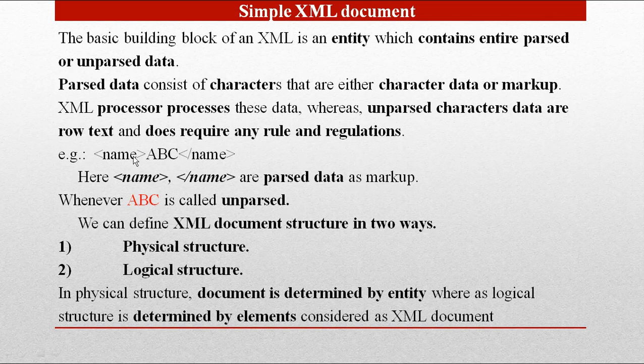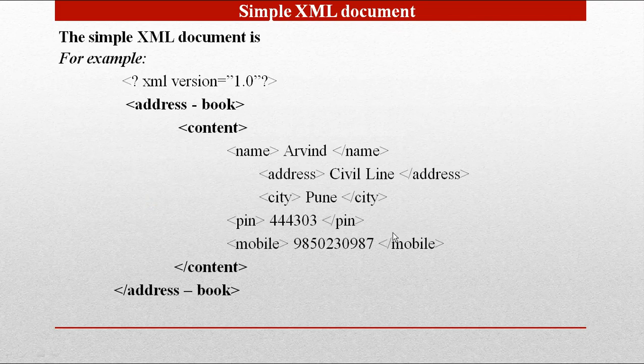So this opening name and closing name are the parsed data, while the ABC is the unparsed data. So we can define XML document structure in two ways: physical structure. The second one is the logical structure. And in physical structure, a document is determined by entity, whereas a logical structure is determined by elements considered as XML document.